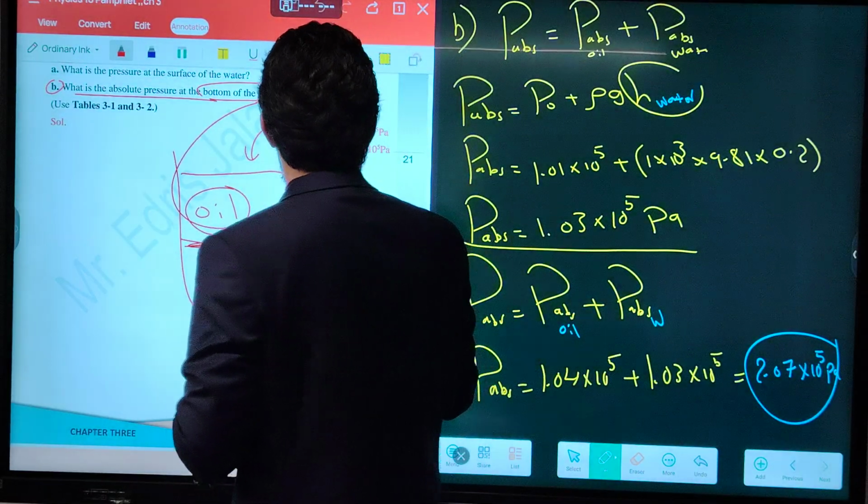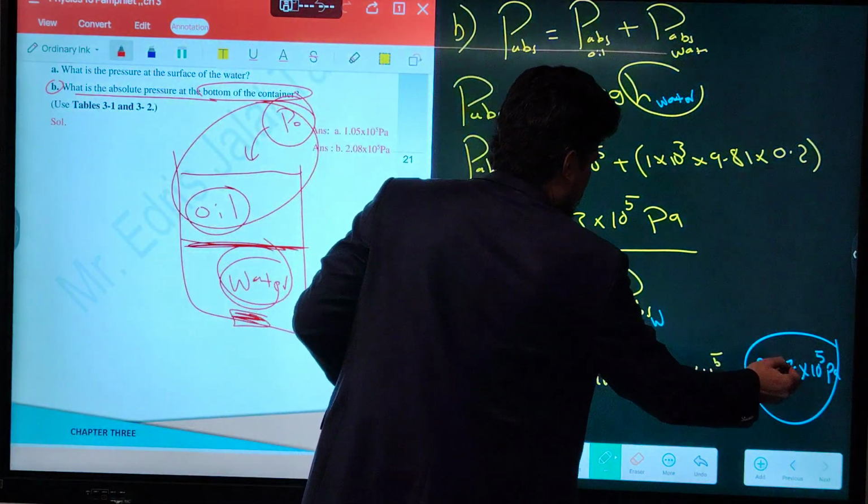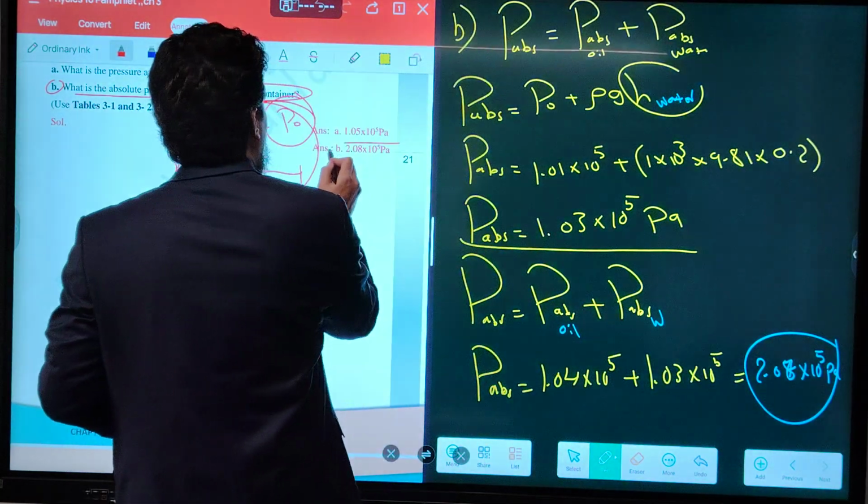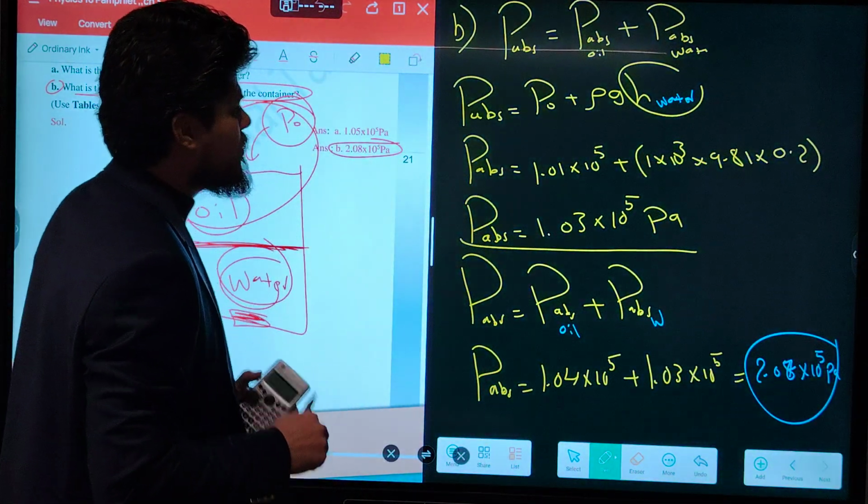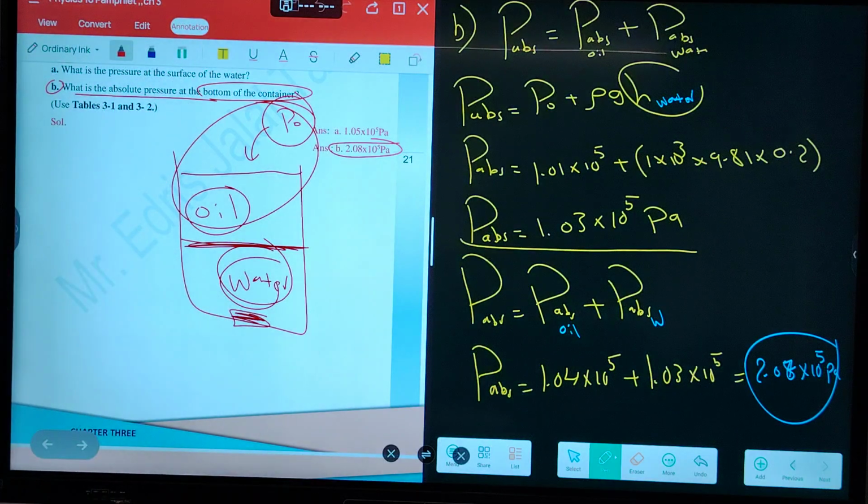It's 2.07 or 2.08, it doesn't matter, times 10 power 5 Pascal at the bottom of the container.